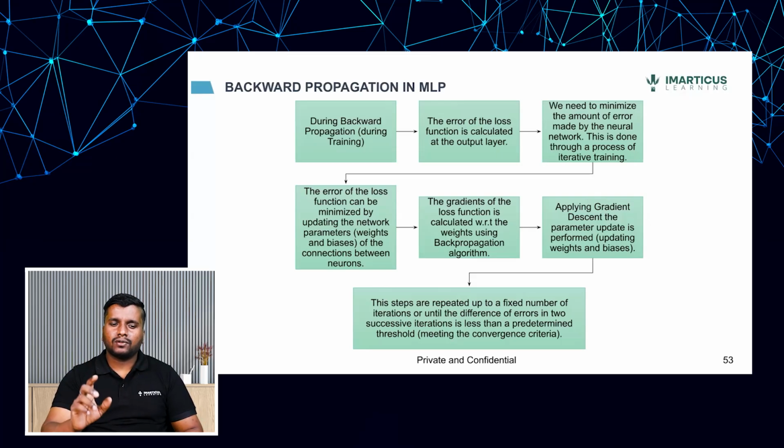Now let us talk about the backward propagation part, in which during training, the error of the loss function is calculated at the output layer. At the very output layer we calculate the error, and we need to minimize this error. Now how can we minimize this error?